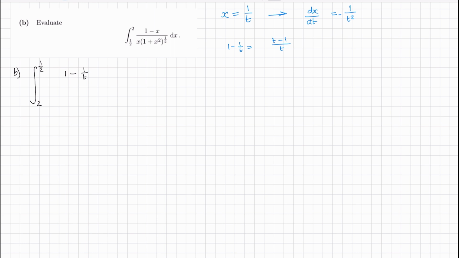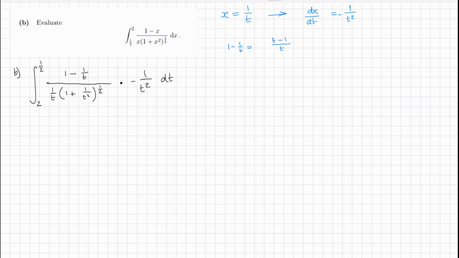In the denominator, we have 1 over t multiplied by 1 plus 1 over t squared, all square rooted, multiplied by our 1 over t squared, negative dt.